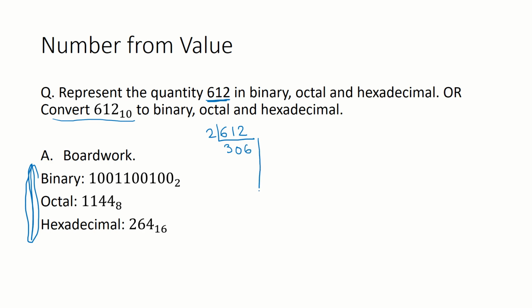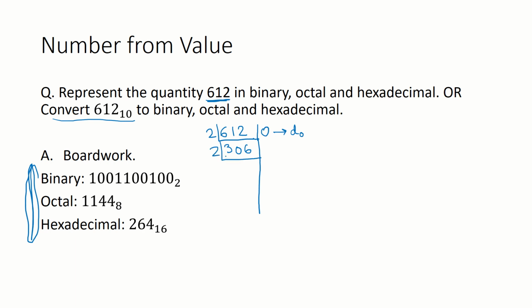What is the remainder we are getting? 0. So, we write the remainder here, 0, and immediately this becomes D0.